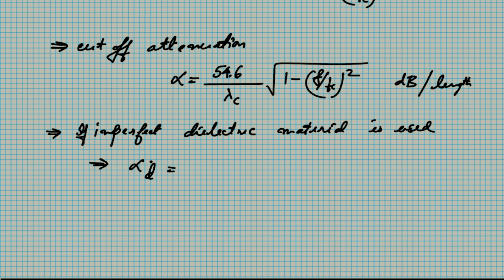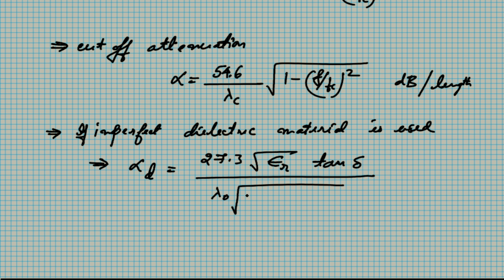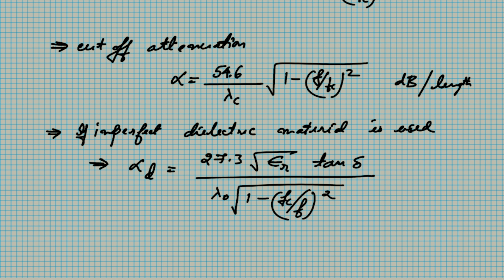This is the attenuation that happens if the dielectric property is not so good. There is another derivation to prove this: 27.3 times epsilon r into tan delta, divided by lambda naught into root of 1 minus fc divided by f the whole square. Again, this is measured in decibels per unit length of the waveguide.